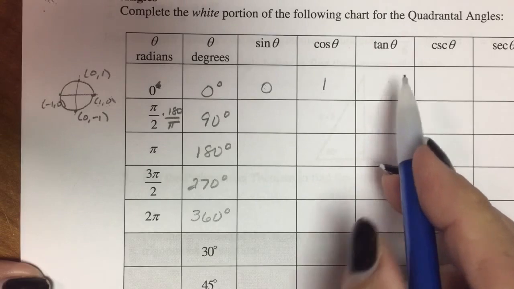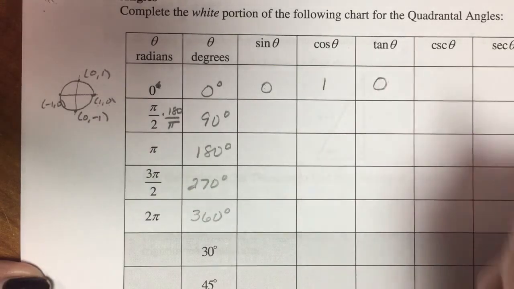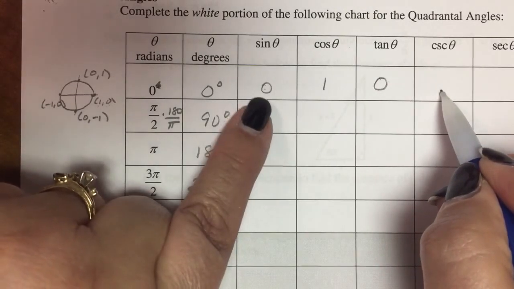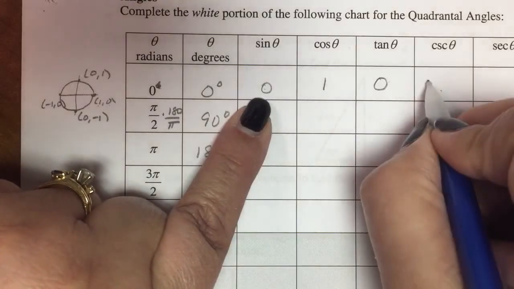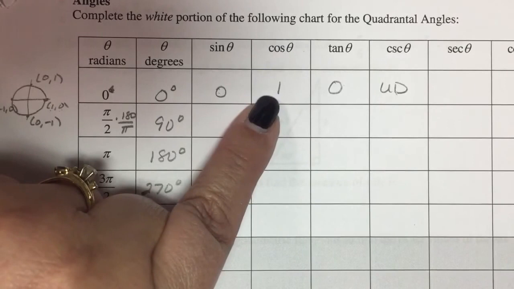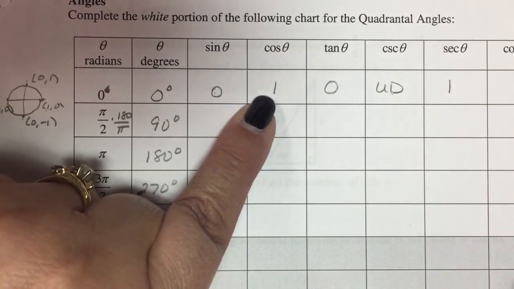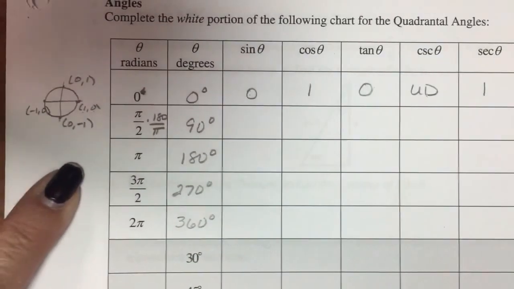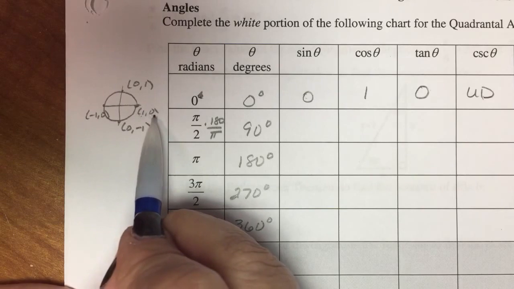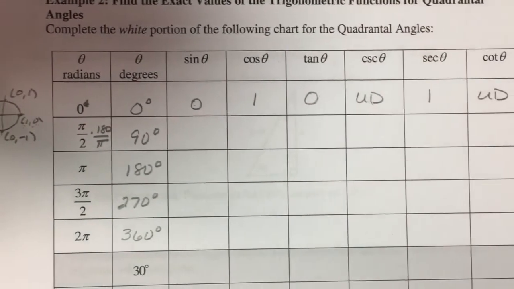The tangent, remember, is y over x, so that's 0 over 1, which is 0. The cosecant is 1 over sine. Well, that's 1 over 0. Can't do that. That's undefined. The secant is 1 over cosine, which is 1 over 1, which is simply 1. The cotangent would be not y over x, but x over y. That's 1 over 0, and you can see that that is undefined.